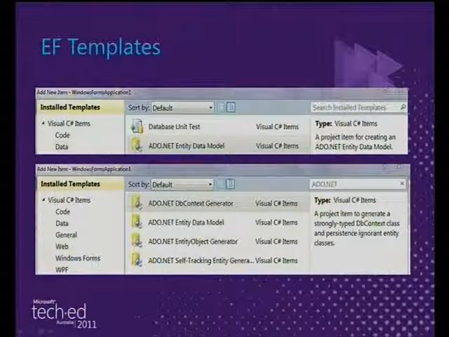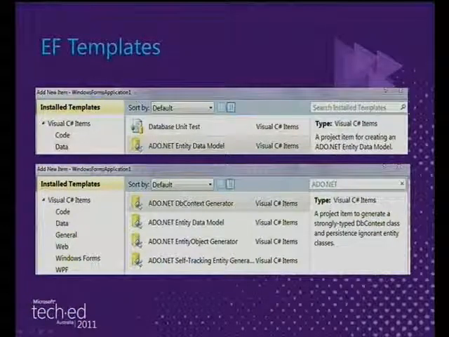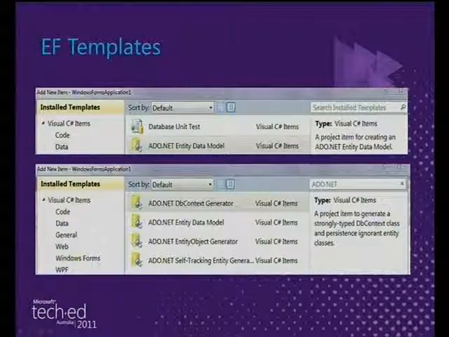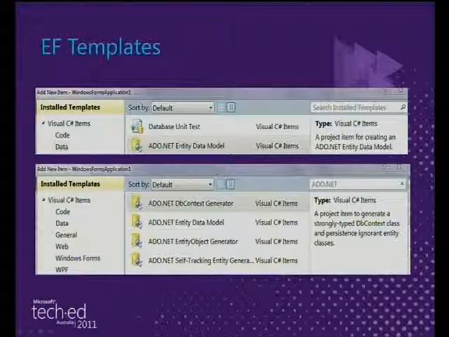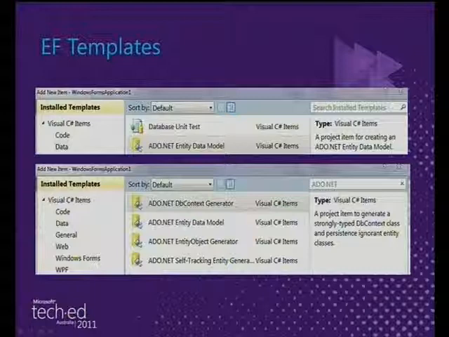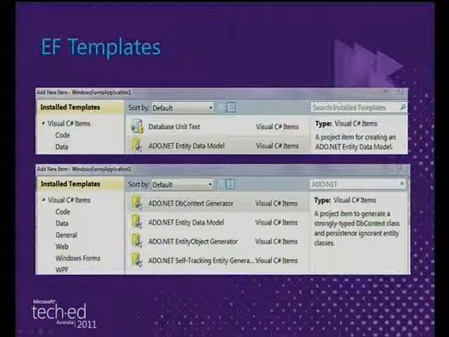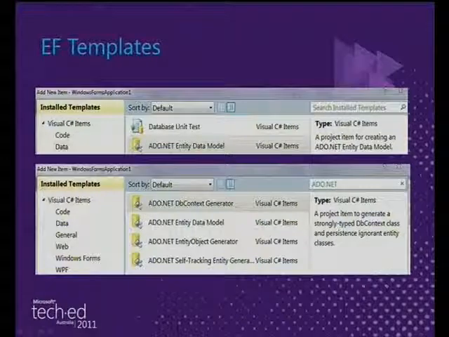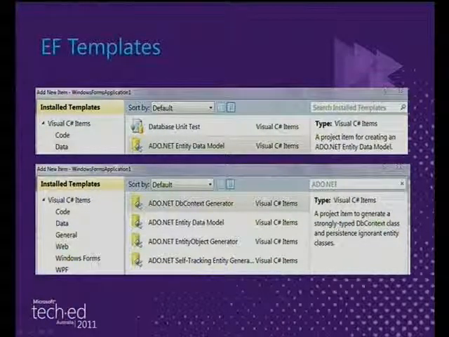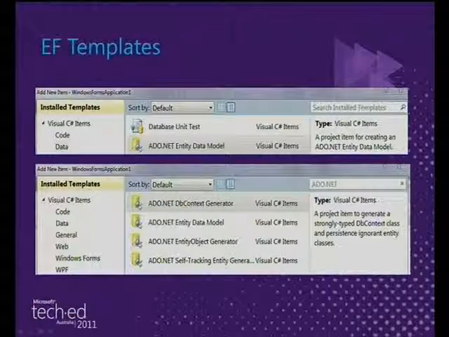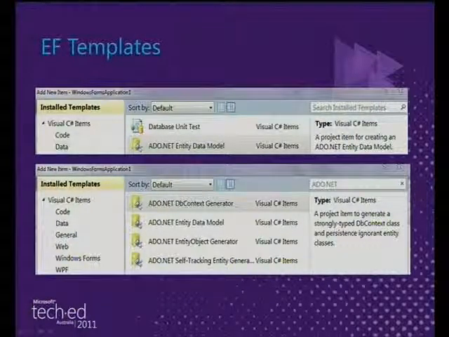ObjectContext is the big, chubby one that has all the methods and all the power of Entity Framework. It's the one you get by default, with over 50 different properties and methods. Our customers said it's too complicated, so we came in on 4.1 with DbContext. DbContext is the skinny, attractive cousin of ObjectContext. It has 15 properties and methods, so it's simpler.